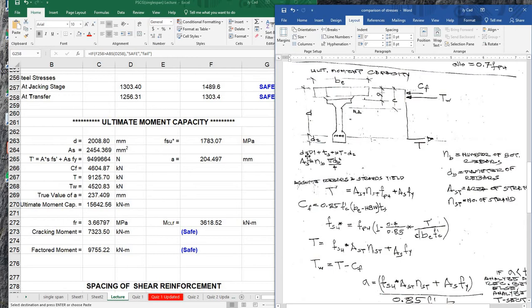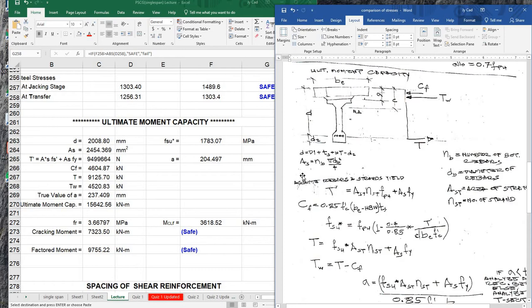And D is equal to D1, yan yung overall height of the girder, plus thickness of slab, plus thickness or height of the haunch, minus D2. Okay? Take note na yung D2, yan yung centroid nung pre-stressing strands from the bottom. This is at mid-span. Okay?